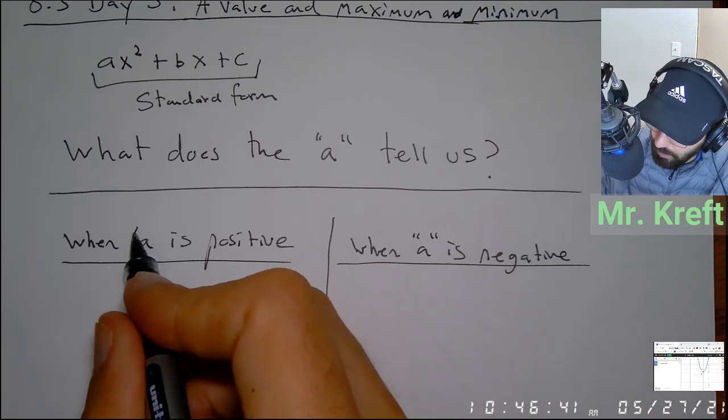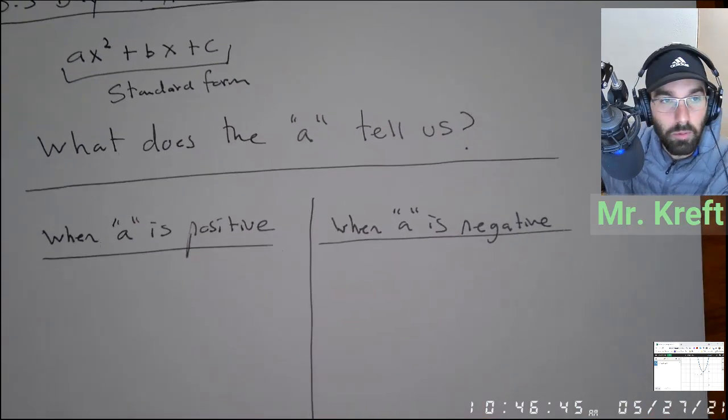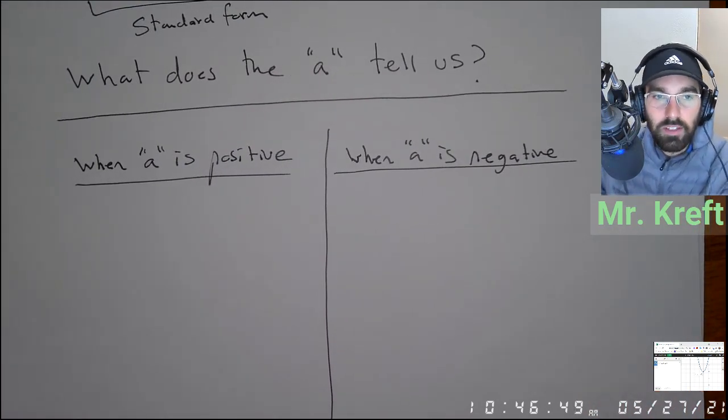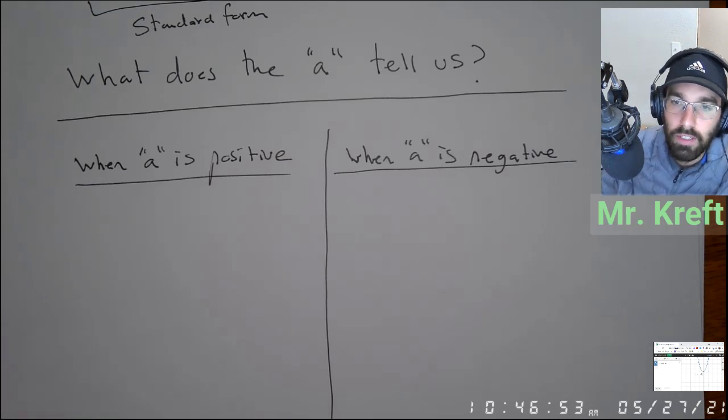Sometimes I put quotes around it so that way we know we're not just doing a sentence. So we're going to make a little table here. What does the a tell us? When a is positive, and then when a is negative. We're just going to compare these and see what we can come up with. And I'm just giving some time for people to write it down. I don't want to be going too fast.